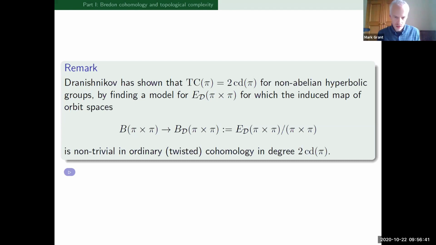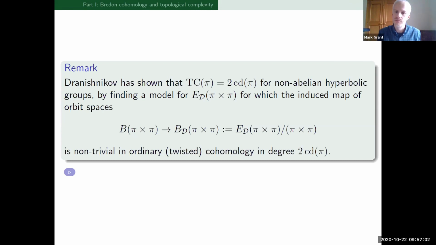So somehow it's not using the full force of this Bredon cohomology, and if I had had more time before the talk, I would have checked whether or not the ordinary twisted cohomology of the orbit space can always be thought of as an instance of Bredon cohomology.